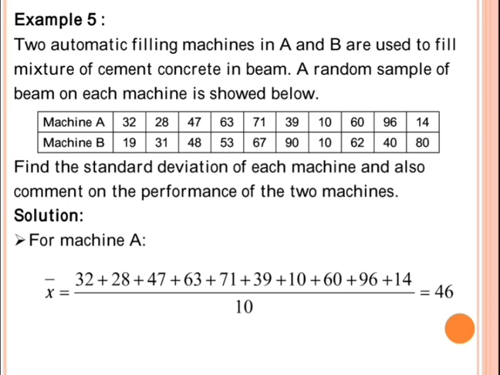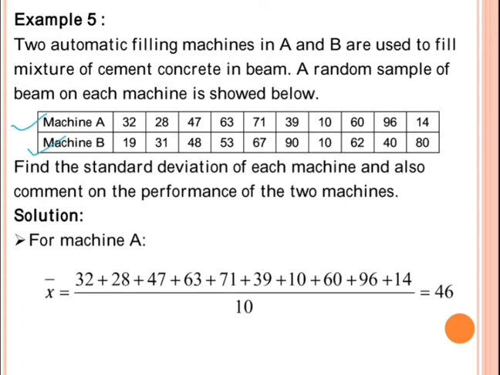Now let us move towards a different type of example. Our next example is: two automatic filling machines, A and B, are used to fill the mixture of cement concrete in beams. A random sample of beams on each machine is shown below, machine A and machine B. There are different values for machine A and machine B. Find the standard deviation of each machine.